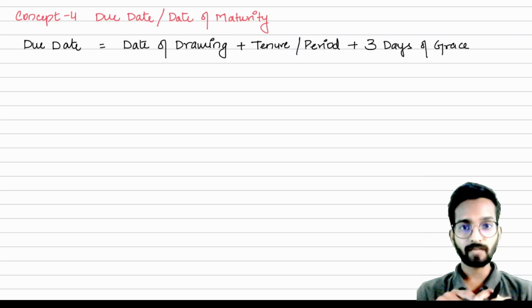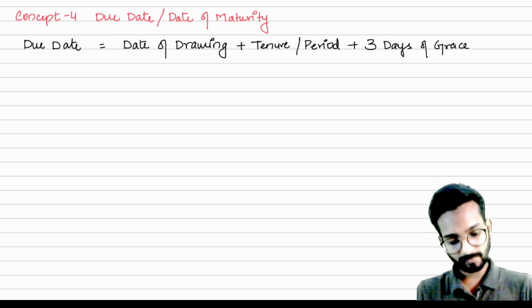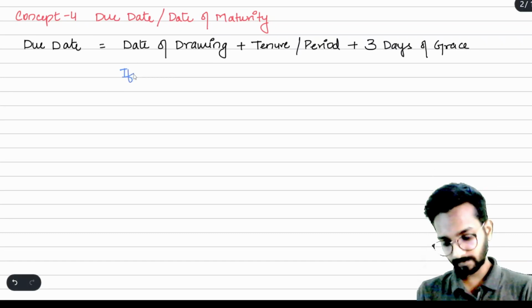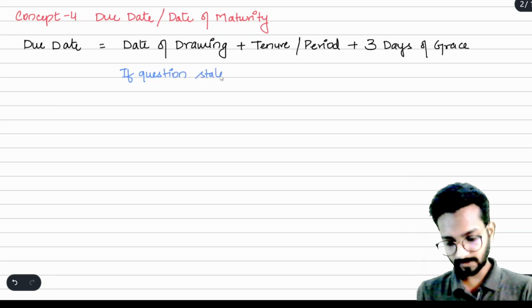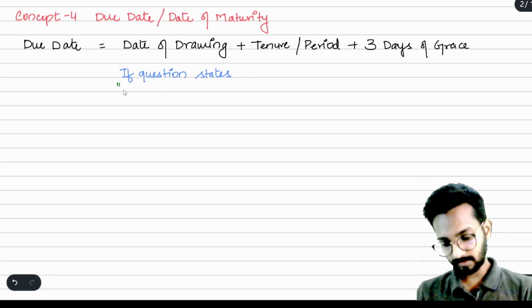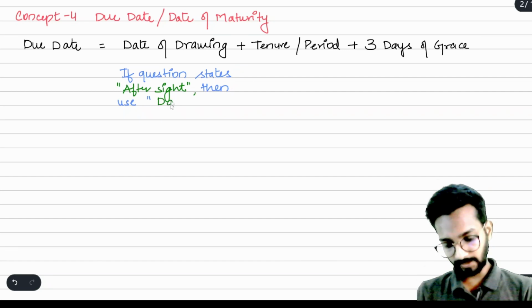Now the question can be framed in different wordings. What are those wordings? Let's see. If the question states after sight, then it becomes easy and we have to use the date of acceptance.